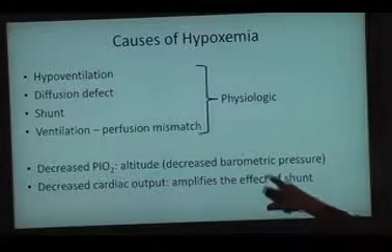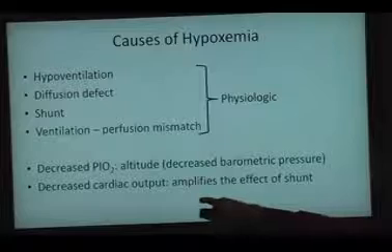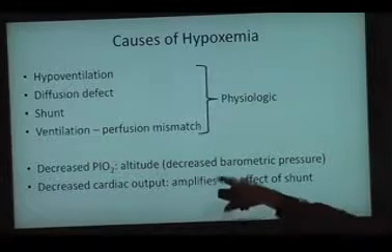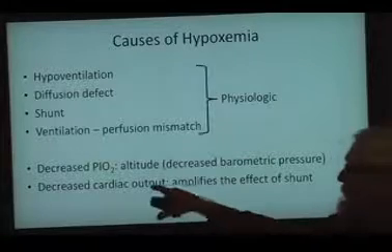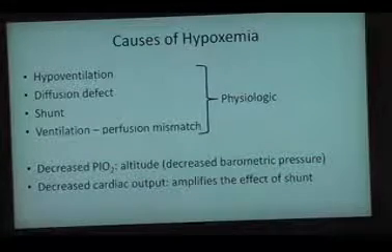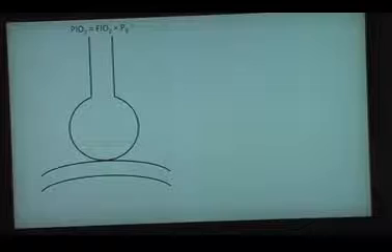So decreased cardiac output amplifies the effect of shunt, but is not a cause of hypoxemia if shunt is not present. And we will expand more upon that as we go through the presentation.